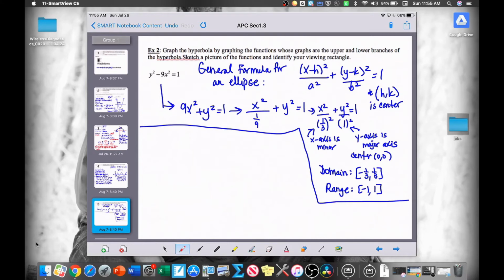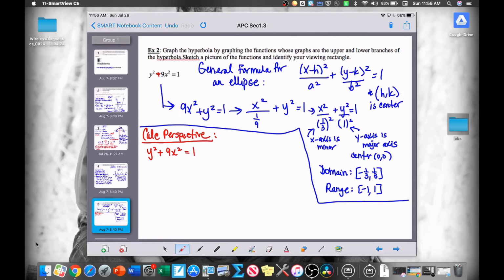Okay, so instead, let's begin with our equation: y squared plus 9x squared equals 1. Oops, I'm sorry, this has a typo in it. There we go. Plus 9x squared equals 1.